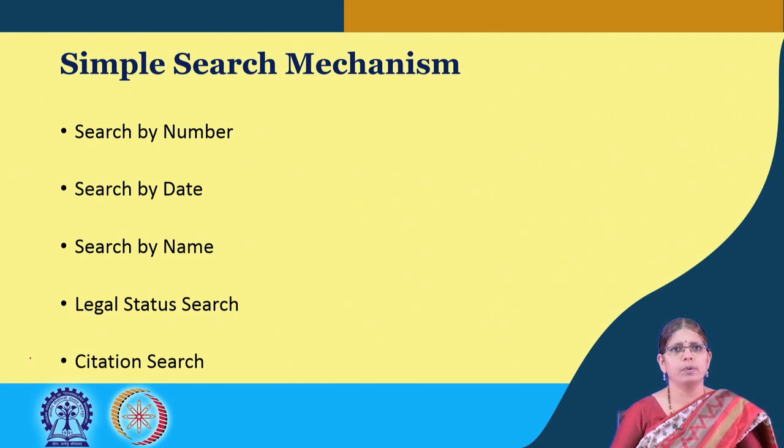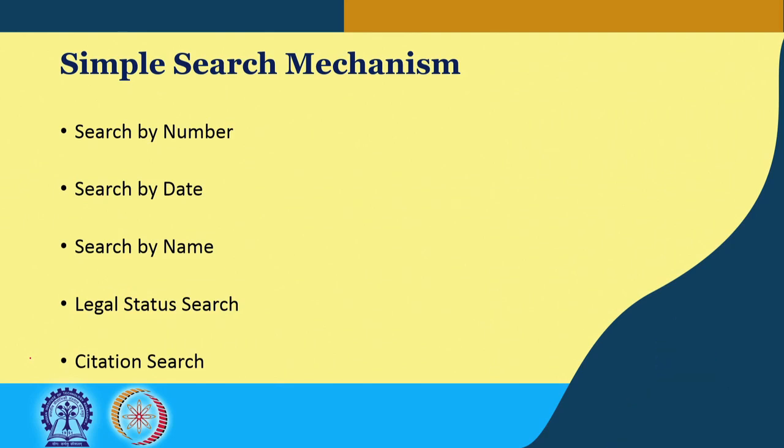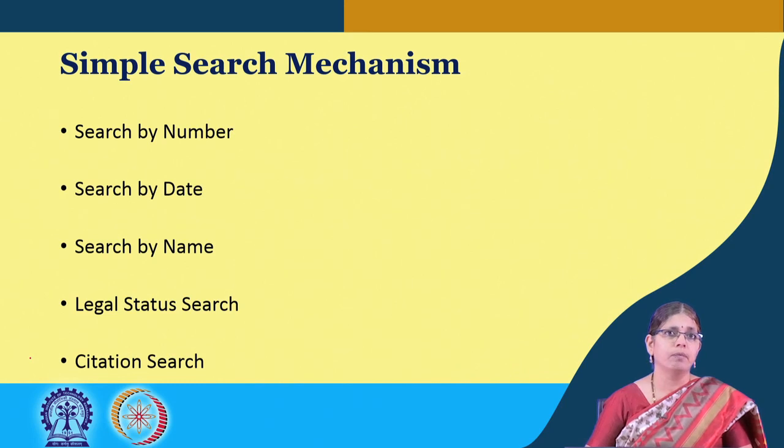Most times people search by number, by date, sometimes by name, and sometimes you want to understand the legal status of a particular patent. Many also search patents to understand the value of patents in terms of where all they are documented and mentioned. So, citation search is very important to assess the value of a particular patent, in particular in relation to a particular technology.